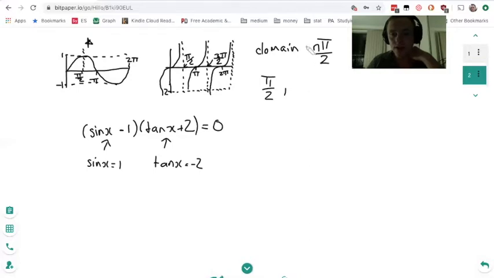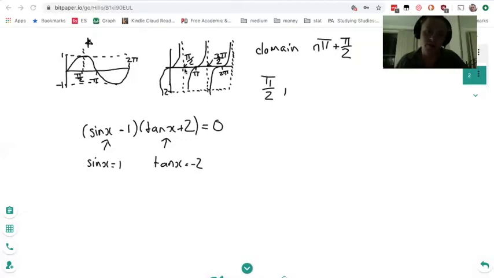No. N pi plus pi on 2. That sounds about right. So we can't be pi on 2, 3 pi on 2, or 5 pi on 2, because we don't have allowable x's for that. That means we're talking about infinities. So although we have pi on 2 a solution from the sine perspective, it's not allowed in the tan domain.